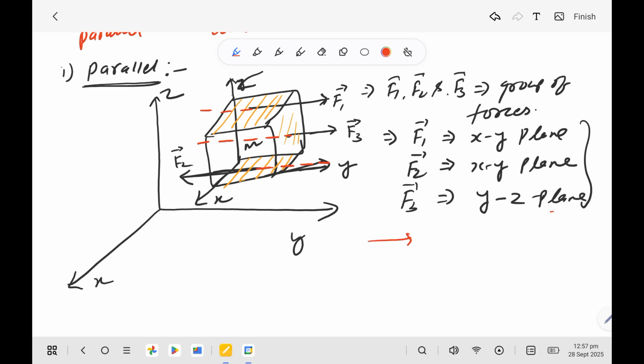the line of action of F1, F3 and F2. Okay, so the forces are non-coplanar, but if we draw the line of action of these forces, even though the forces are not lying in a single plane, the lines of action of the forces are parallel to each other.